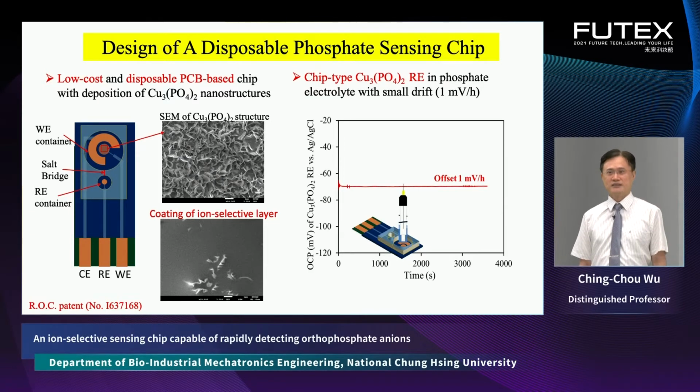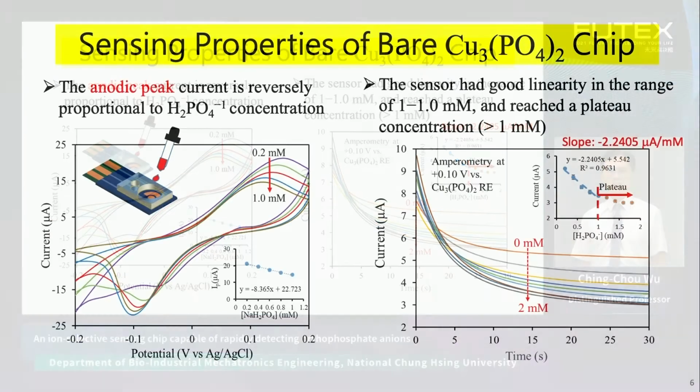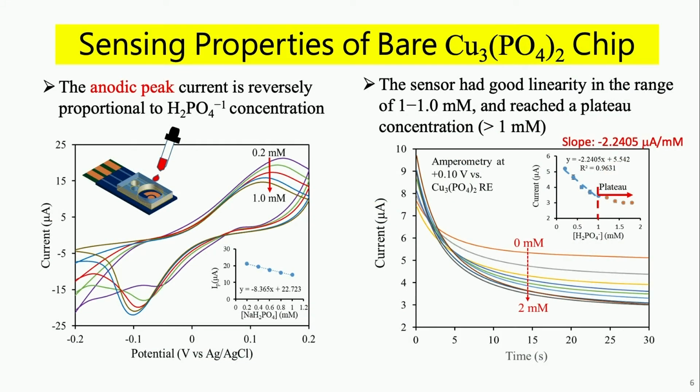Like this, you can see the open circuit potential measured between the two electrodes with a small potential drift, indicating the reference electrode stability is quite excellent.